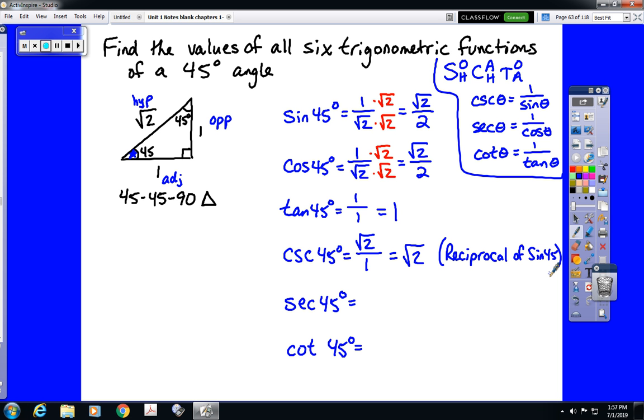So if we take 1 over the square root of 2 and we take the reciprocal, that is root 2 over 1, which is root 2. Secant is the reciprocal of cosine, which is also root 2.